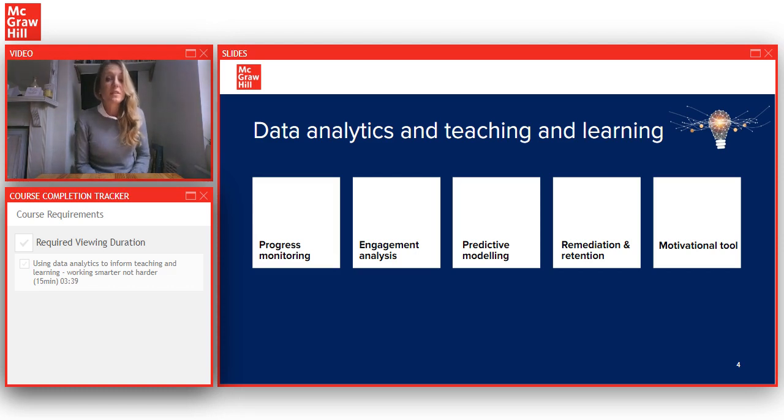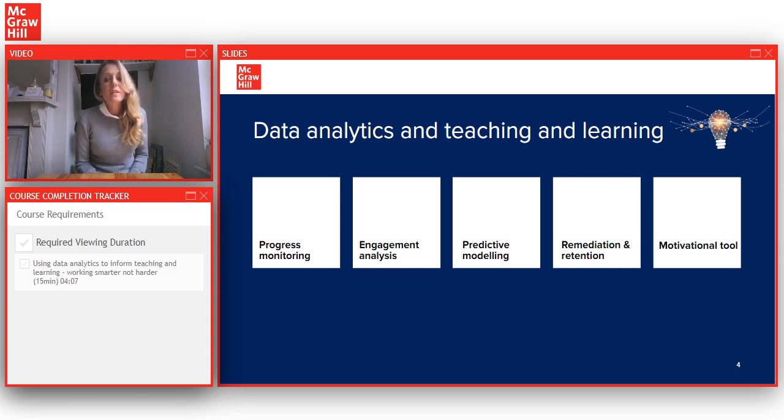Something I'm delighted that Donal will be talking to is how we can use those metrics to start making predictions about our learners and how they're doing. And perhaps it may also serve to indicate where students aren't doing so brilliantly, where they're not making the progress that we might like them to, or where they're not engaging. Data analytics enables us to very quickly offer support and remediation, and retention, therefore, is my fourth pillar.